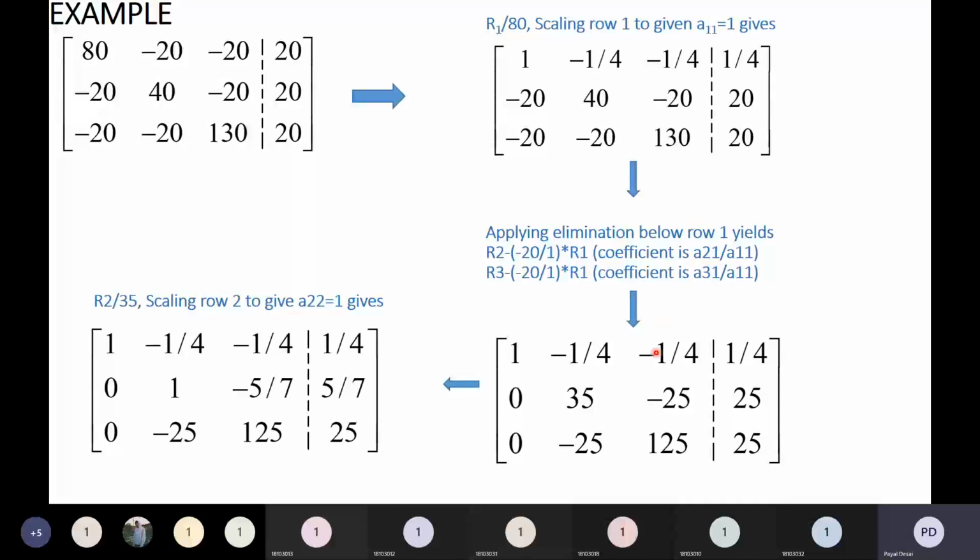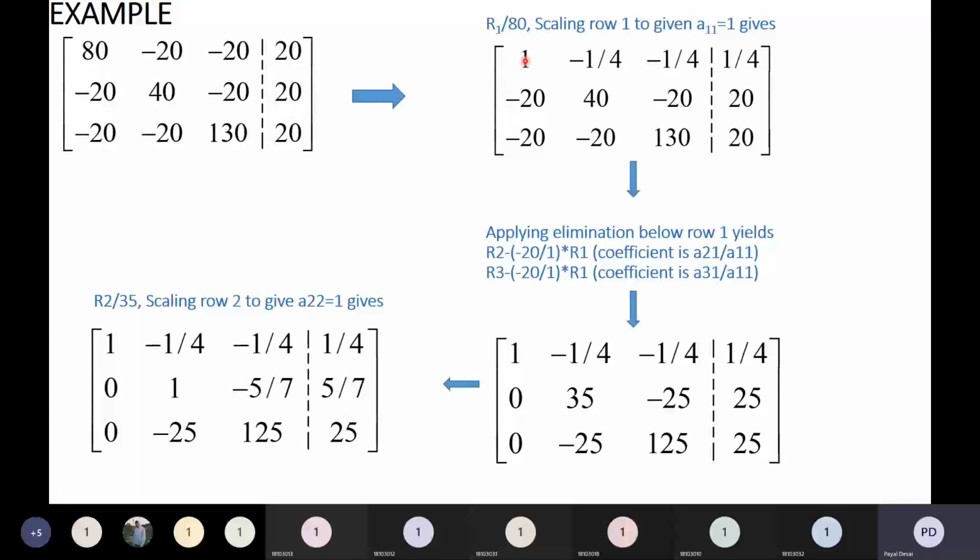We want to eliminate these, so of course Gauss elimination is part of this as well, because when you eliminate these two members, 0 and 0, we have to apply Gauss elimination. How are you applying Gauss elimination? What is your pivot element? Your pivot element is 1 here.